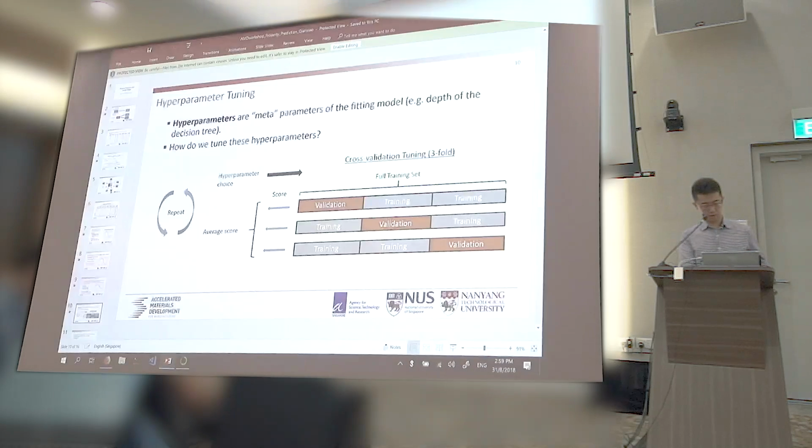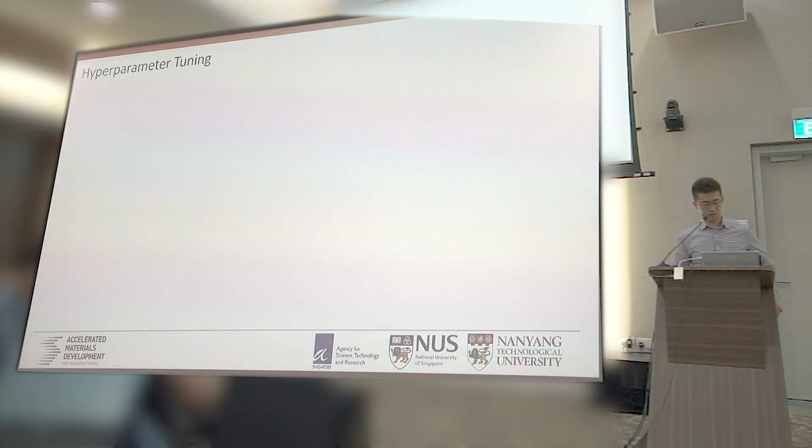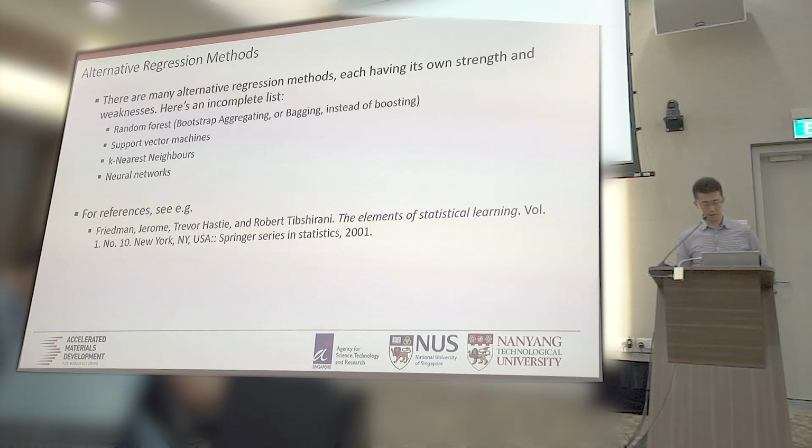Before going on to the next one, I will just quickly mention that although we only introduced one particular algorithm, there are many different modern machine learning algorithms you can use for regression and classification. For example, random forest is another way of ensembling that doesn't depend on boosting, but is a bootstrap method where you split the data sets in a parallel fashion, train different models and average them together.